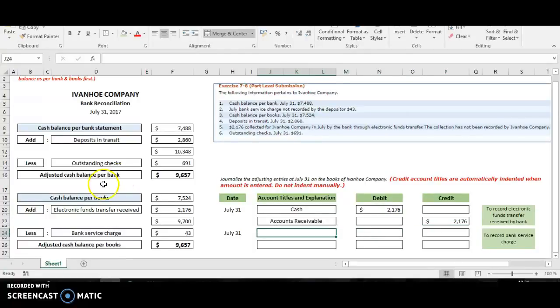Alright, then the second entry would be to record the bank service charge, and for that we're going to debit the account bank charges expense for this amount, which is going to be $43, and we're going to credit the cash account for the same amount.